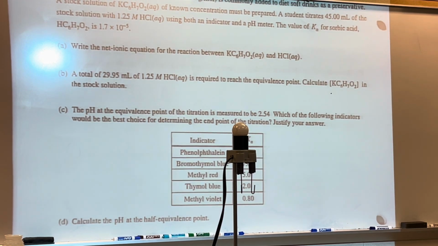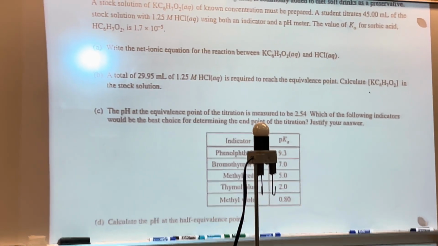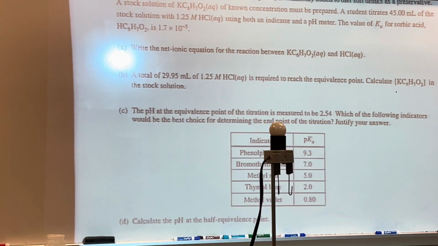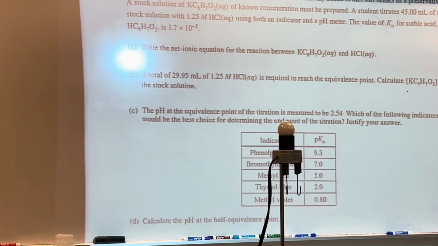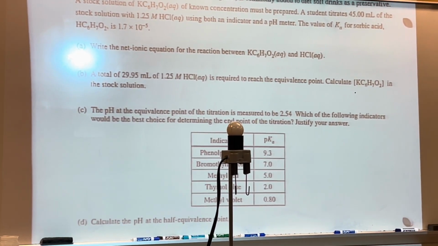Now, the pH at the equivalence point of the titration is measured to be 2.54. Which of the following indicators would be the best choice for determining the endpoint of the titration? Notice you're using the term endpoint. That's when it's going to change colors. We want it to change colors close to the equivalence point.